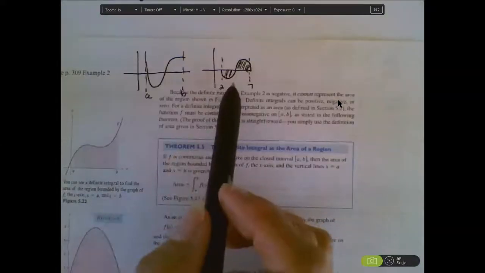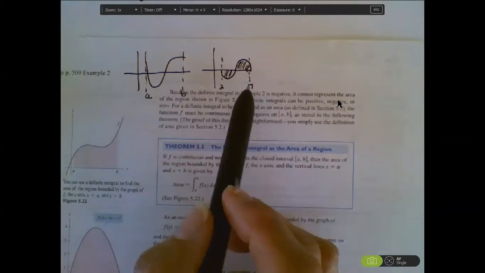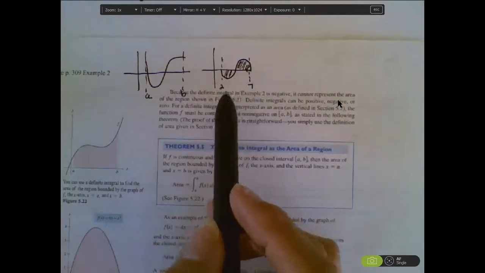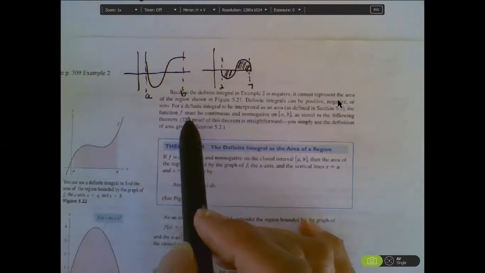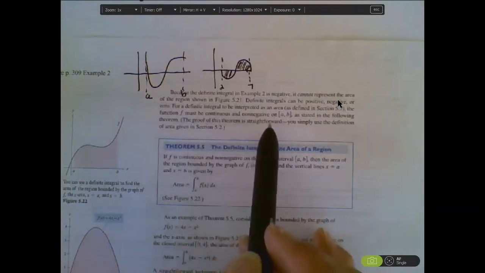So that would be an example of a definite integral whose value would be 0. For a definite integral to be interpreted as area, the function must be continuous and non-negative.